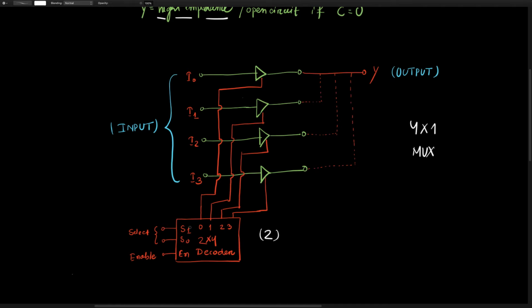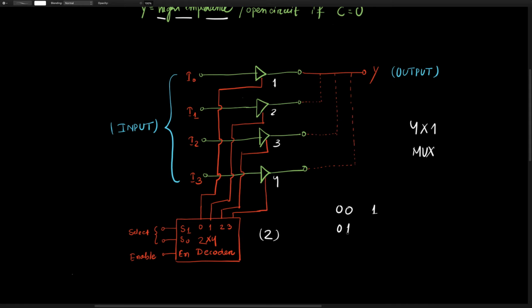If 0 0 is the input, you can say that three-state gate 1 is activated, whereas the other three-state gates are deactivated, or in high impedance state, or you can say those are open circuits. So whatever the input at those stages will not affect the output. Only I0 will affect the output.